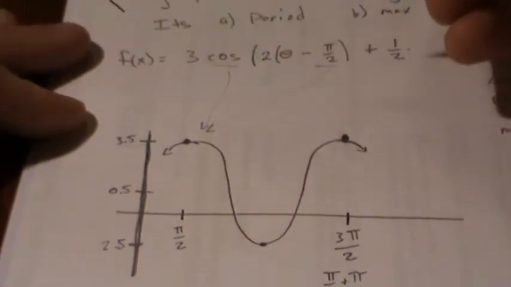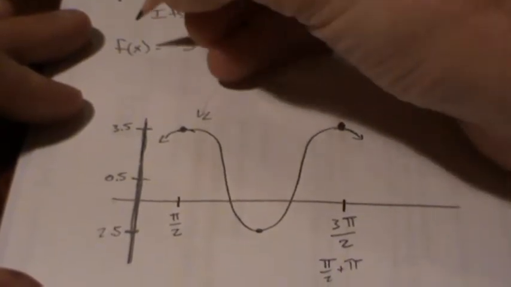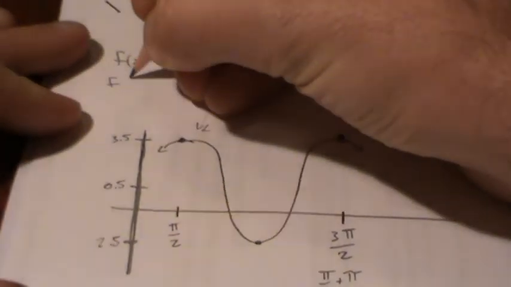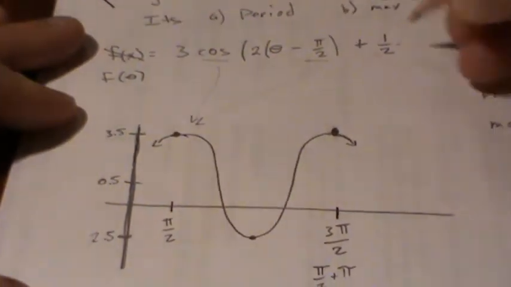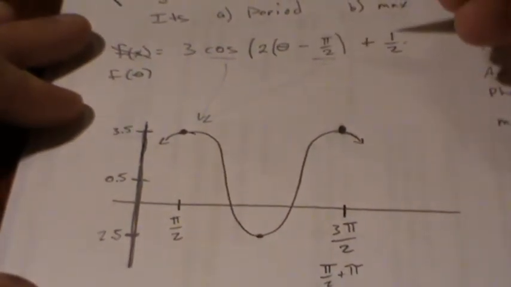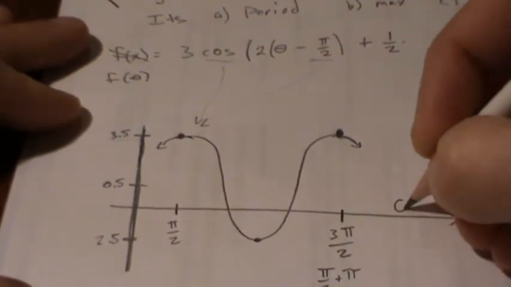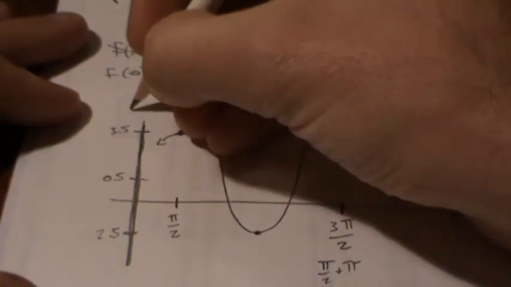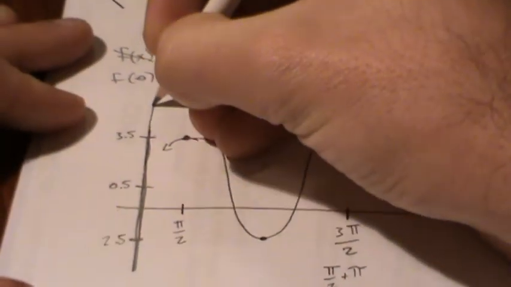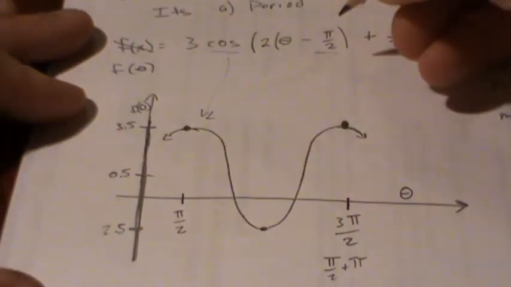One thing, I made a small error when I wrote down my question. This should be f of theta, because my variable is theta. So then I want to label my axes, calling this the theta axis and this the f of theta axis.